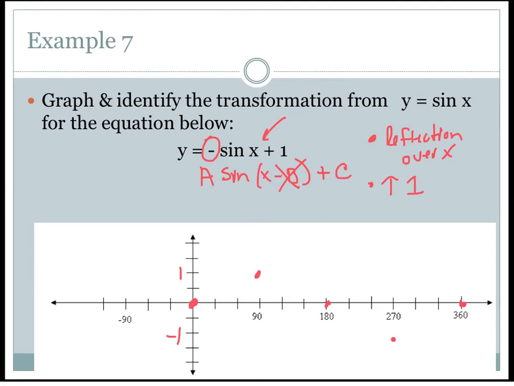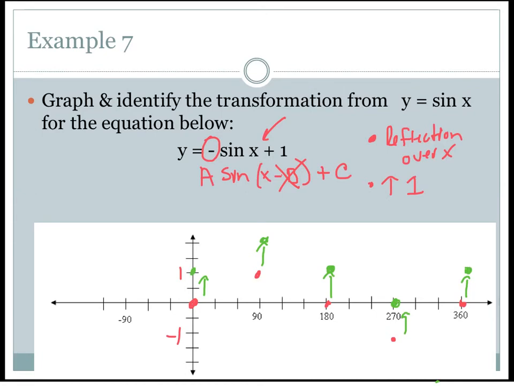What I'll do is the up one first. I'm going to shift everything up 1 unit. So that means I'd have a point here, a point here, a point here, a point here, and a point here.